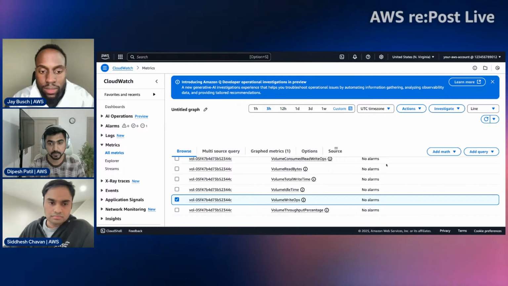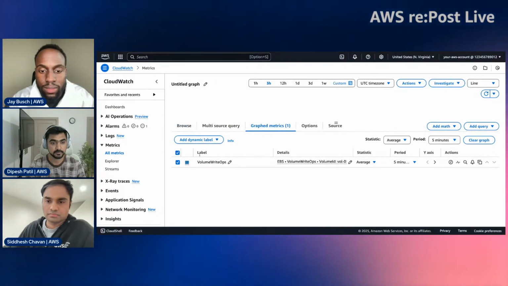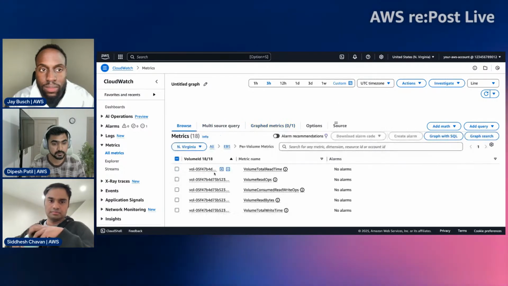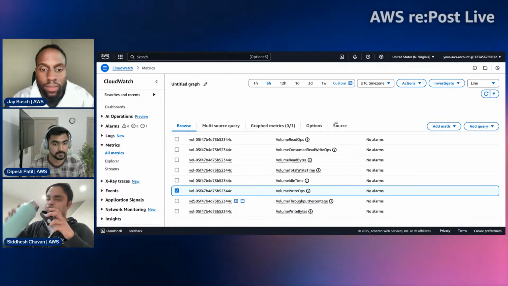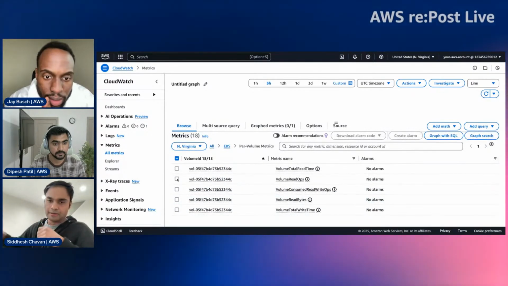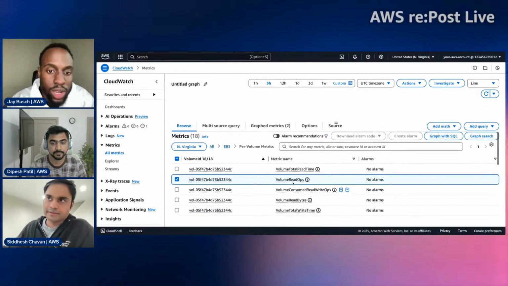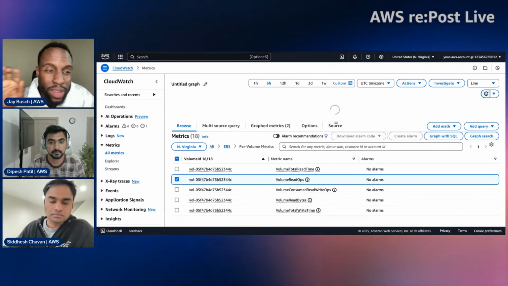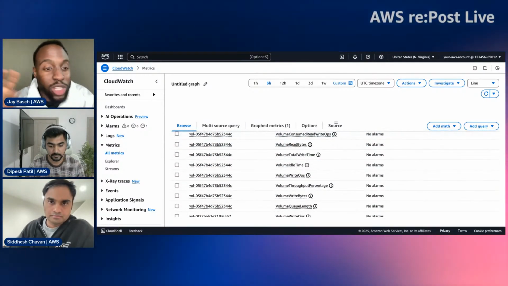Let me change this, 1 second. So I see a bunch of different metrics here: read, write, consumed. Obviously, there's a number of those. I also want to make sure that the chat is aware of some really good documentation around metric math, right?